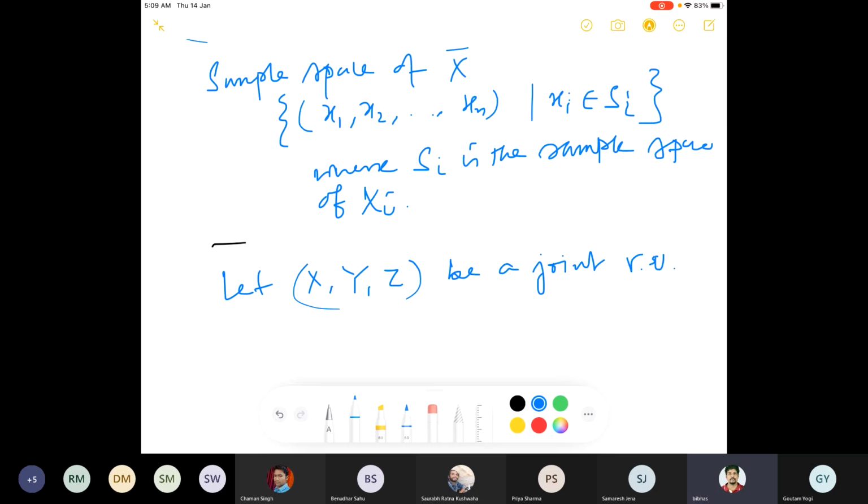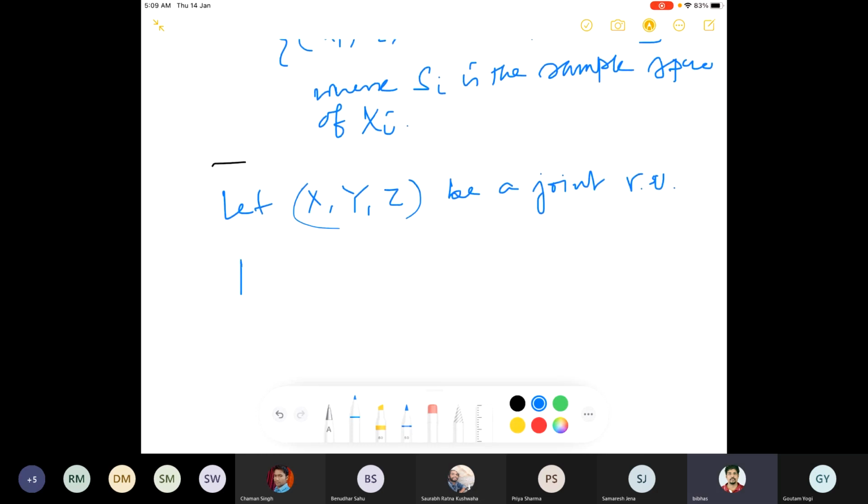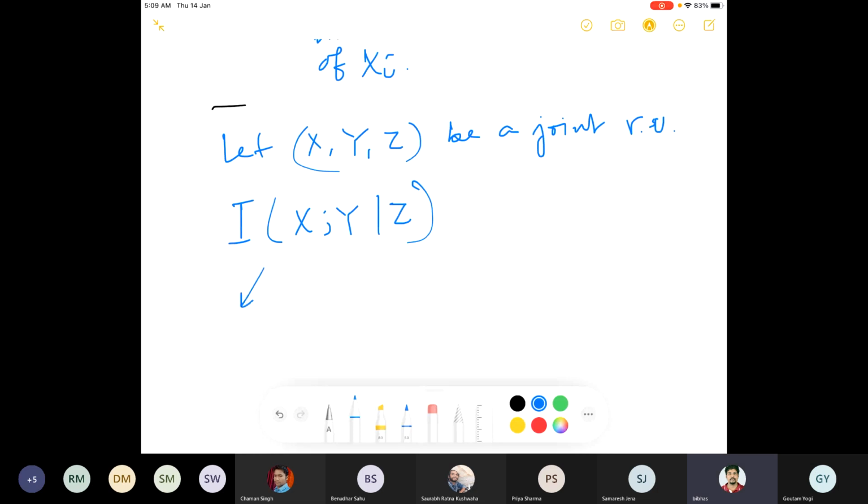Then my question is, can we define this I(x; y | z)? How can we define this? So what is this? This is the conditional mutual information.